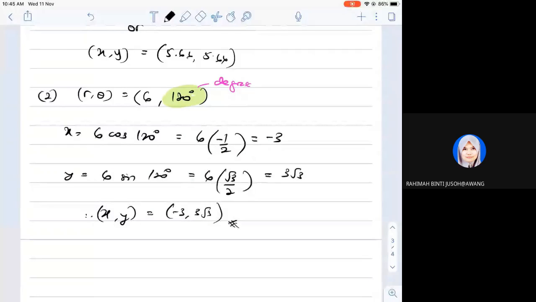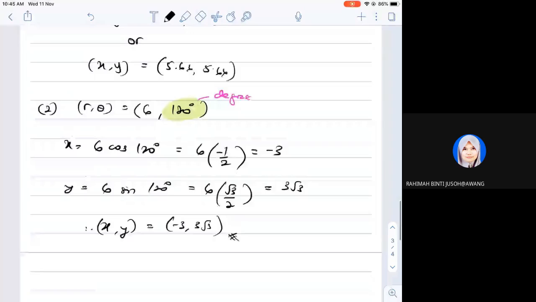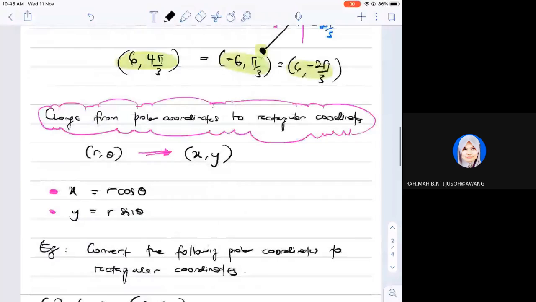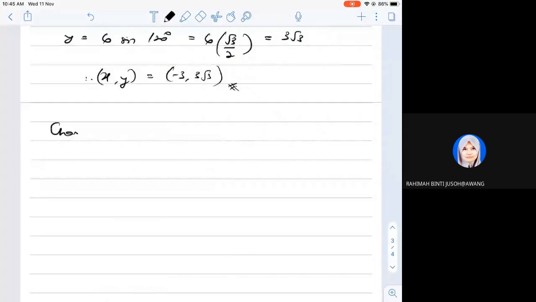Okay, so now we will change. Okay, earlier was polar to rectangular, now change rectangular coordinates to polar coordinates.